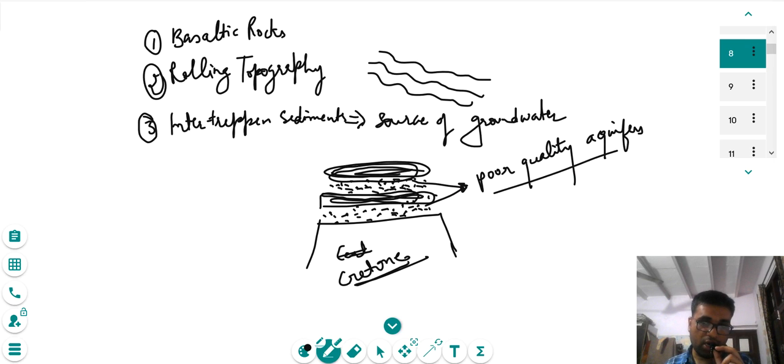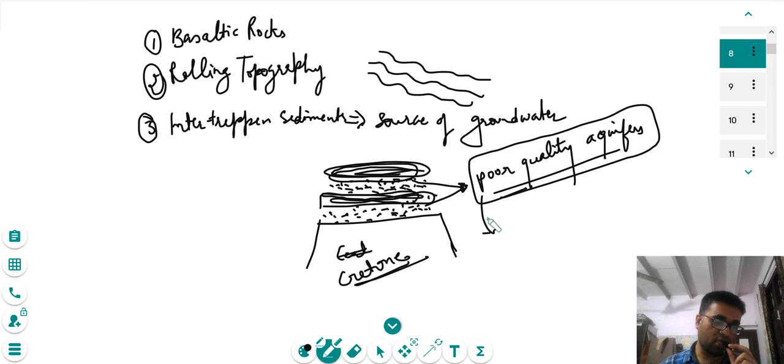In the sense that they are not as trusted as the aquifers in the North Plains are, right? So these are some features of the Deccan Plateau, right? And you can also mention that it is the eastern sloping one, right?